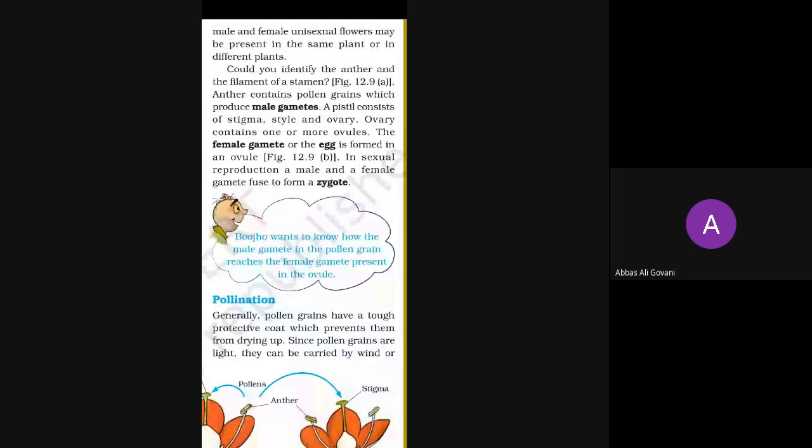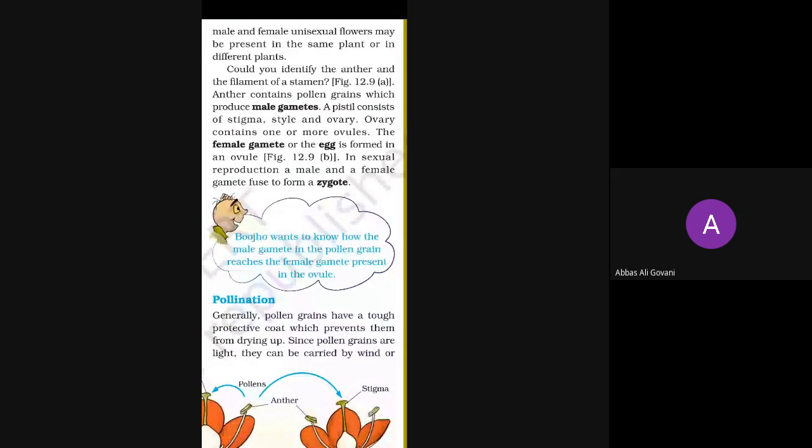Could you identify the anther and the filament in figure 12.9? A. Anther contains pollen grains which produce male gametes. A pistil consists of stigma, style, and ovary. Ovary contains one or more ovules.